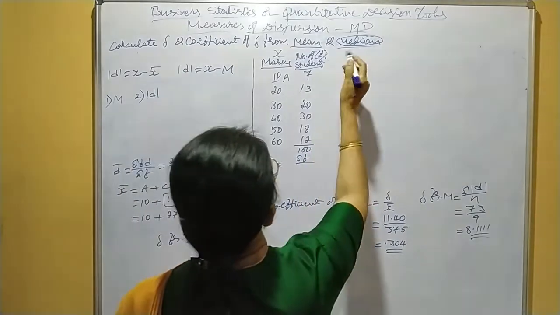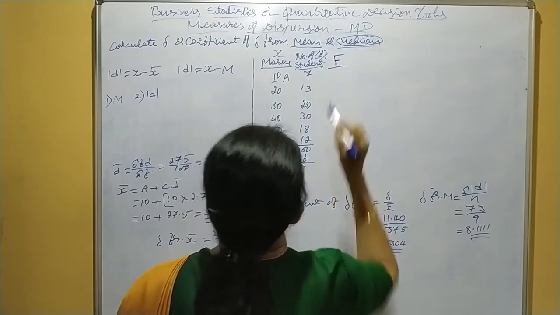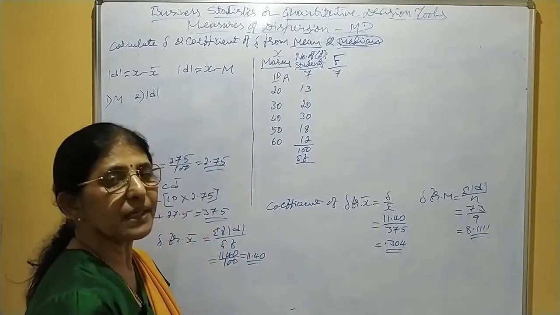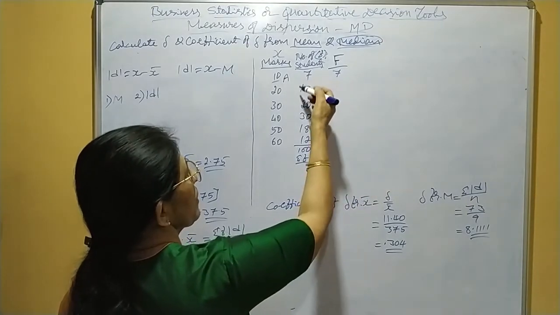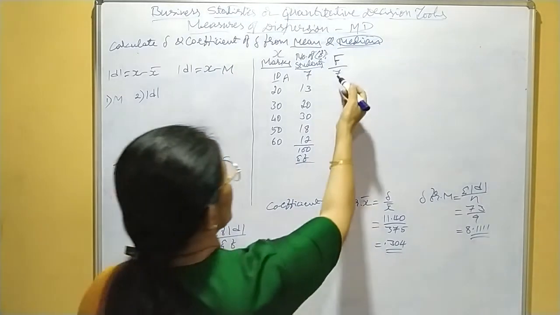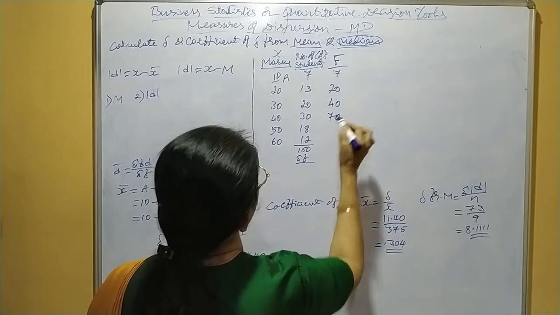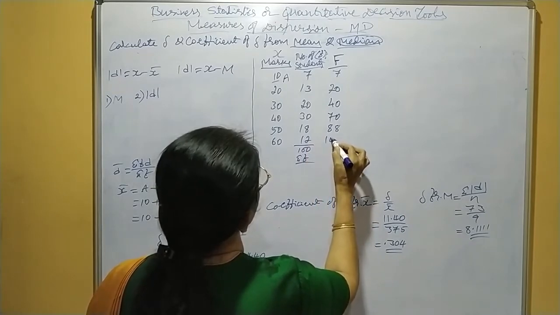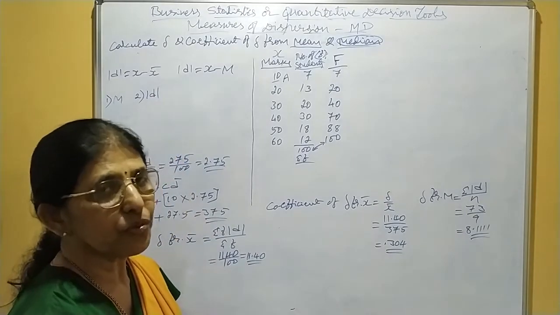Anyhow, first let us take cumulative frequencies that we denote by capital letter F. First ordinary frequency and cumulative frequency are one and the same. Next, to our previous cumulative frequency we keep adding the next ordinary frequency: 7 plus 13, 20 plus 20, 40 plus 30, 70 plus 18, 88 plus 12. It is known to you. Last cumulative frequency and sigma f should be one and the same.